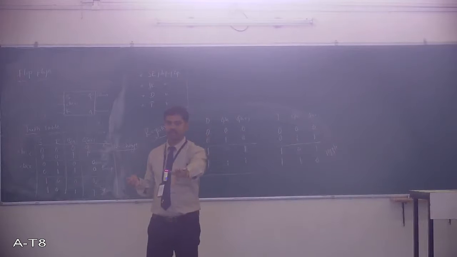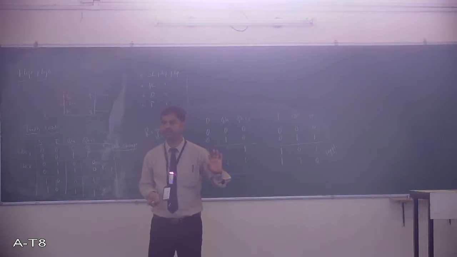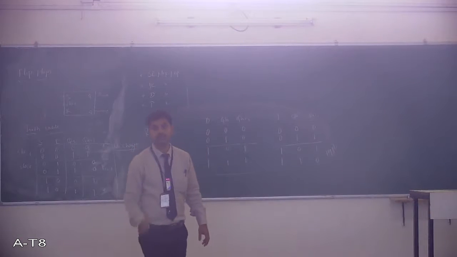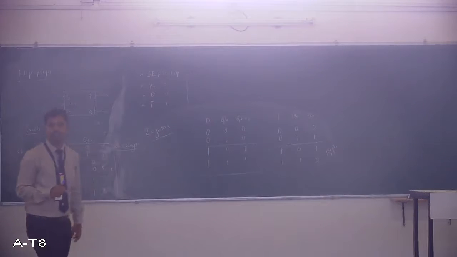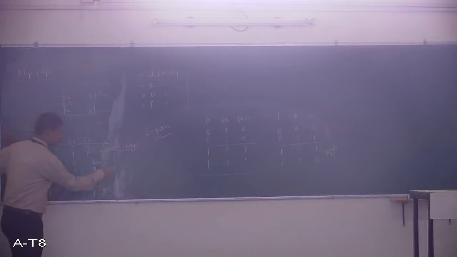It produces a completely new result, 0 only. So S0 R1 will always give you output 0, remember. This is the second case of the SR truth table. S0 R1, output is straight away 0. And this combination I can call a reset state.